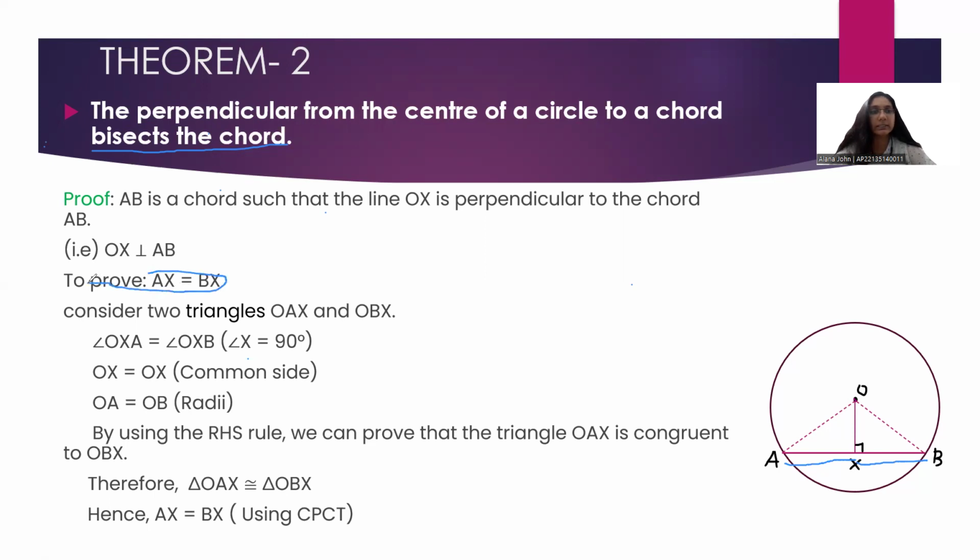This is what the theorem says. So theorem 2 says that if we have a chord in a circle and we draw a perpendicular from the center to the chord, then that perpendicular bisects the chord, that is, divides the chord into two equal parts. So this is the concept of the theorem.